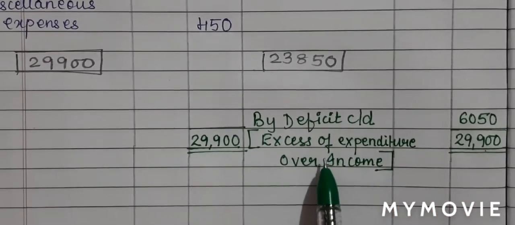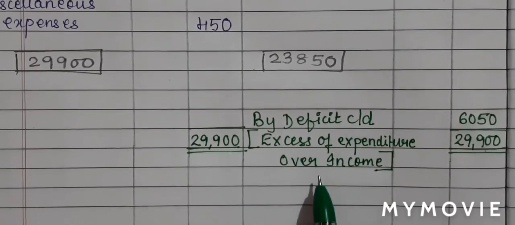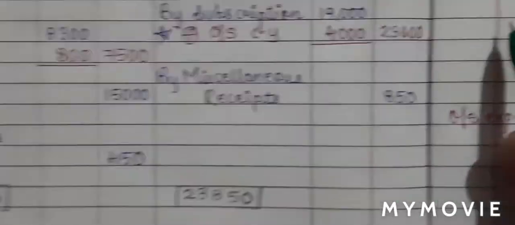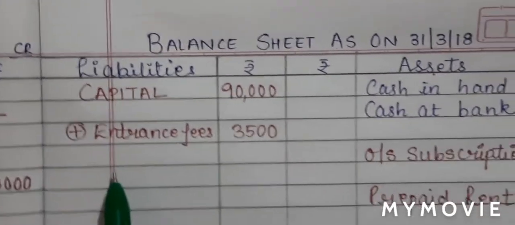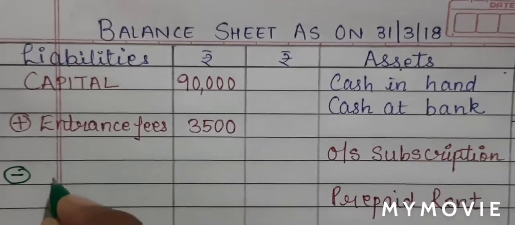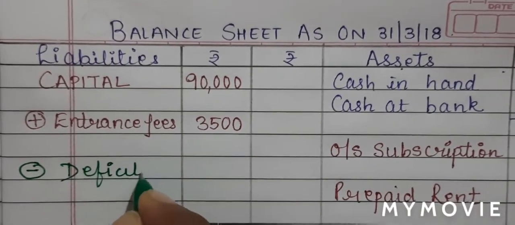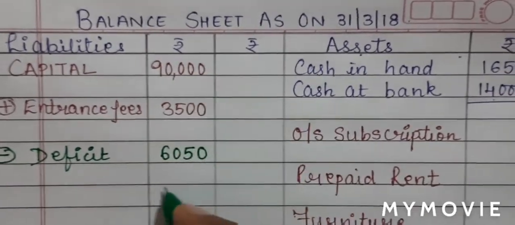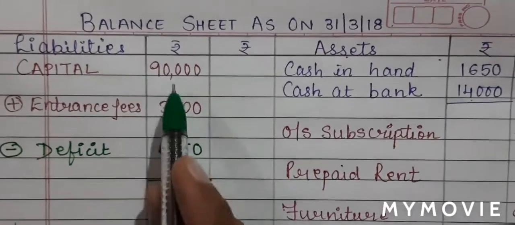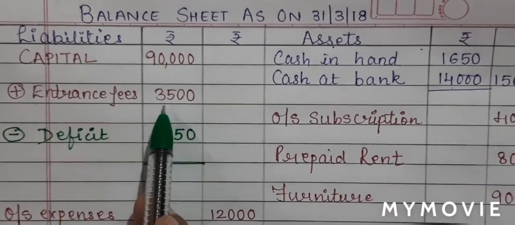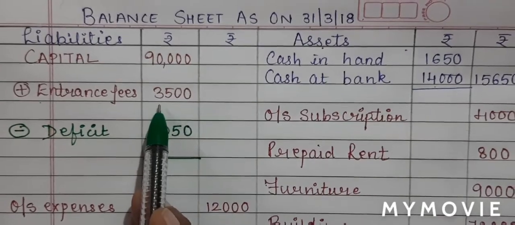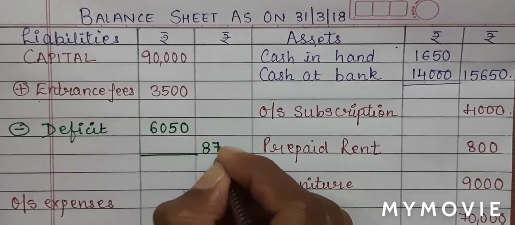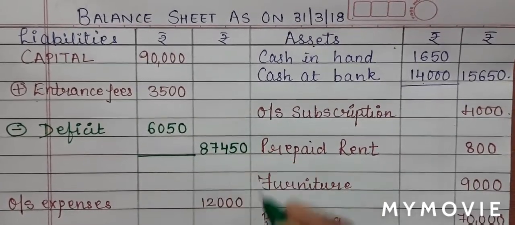Now since it is a deficit balance, students, I will have to take this to my capital. So I will come to the capital side. On my liability, since it's a deficit, I will say less deficit 6,050. I can now total my capital balance. 90,000 plus 3,500 will give me 93,500 minus 6,050, 87,450 in the outer column.